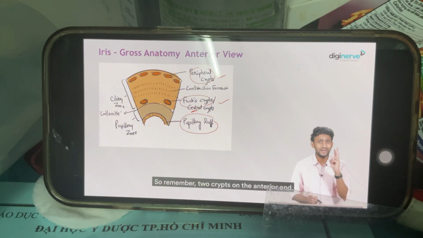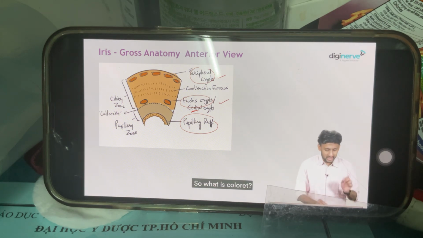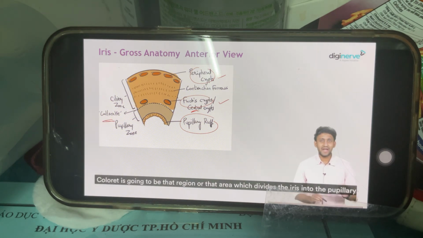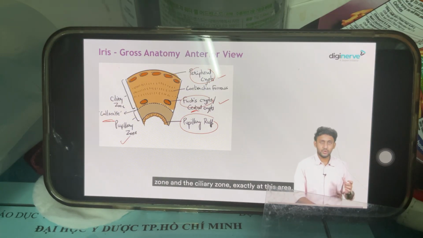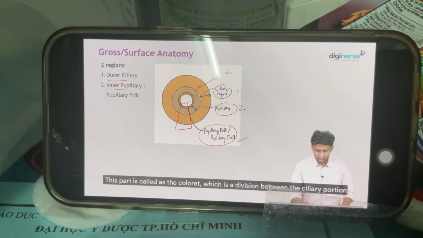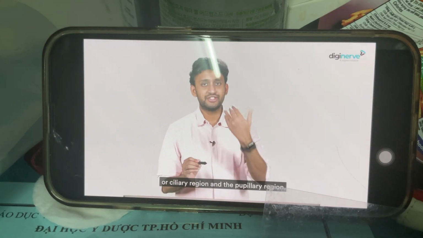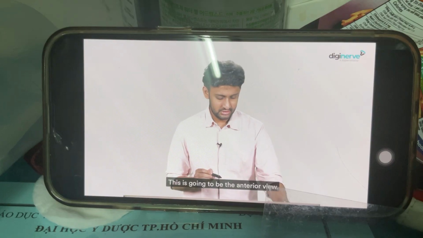Remember, two crypts on the anterior surface: the peripheral crypts at the periphery and the central crypts just at the collarette region. The collarette is the area which divides the iris into the pupillary zone and the ciliary zone, exactly at this area.